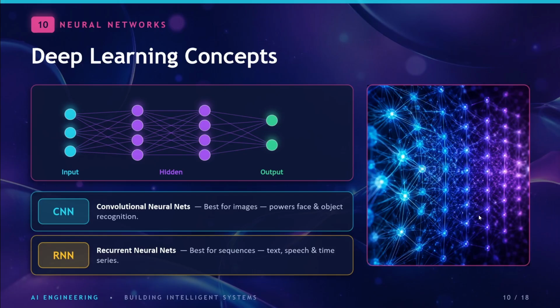The hidden layers are where the actual learning and pattern recognition happens through a series of mathematical transformations. And the output layer produces a final result, for example, a classification label or a predicted value.